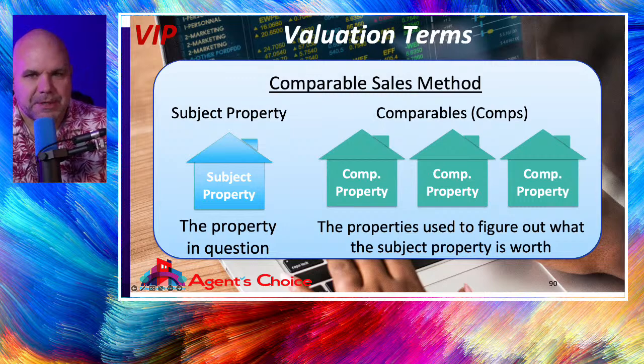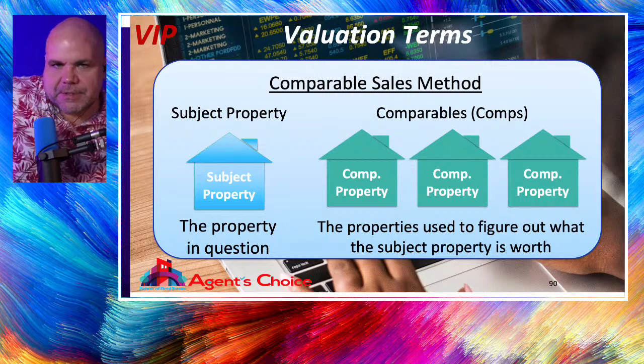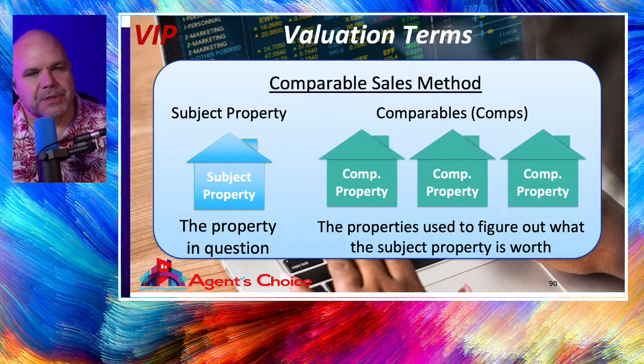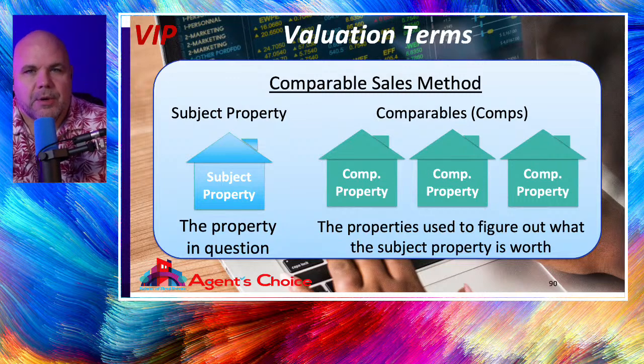The subject property is the one we're trying to figure the value of. It's the one in question. Comparing it to typically 3 comparable sales is what is wanted. It's what the lender wants the appraiser to do. The appraiser is going to pick 3. Sometimes they'll pick more. If it's harder to figure out what the value is with just 3, the lender might go back and say, hey, appraiser, could you put one more comp into the mix, help us understand the market a little better?